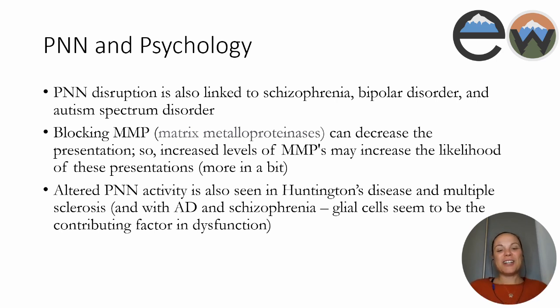So this altered activity that we see in this perineural network is also seen in Huntington's disease and multiple sclerosis, and with Alzheimer's disease and schizophrenia, and the glial cells seem to be the contributing factor in dysfunction. I have seen so many individuals who feel like they just overlap with these conditions, whether it's temporary with flare-ups, difficulty controlling parts of the body, memory loss, and multiple sclerosis.